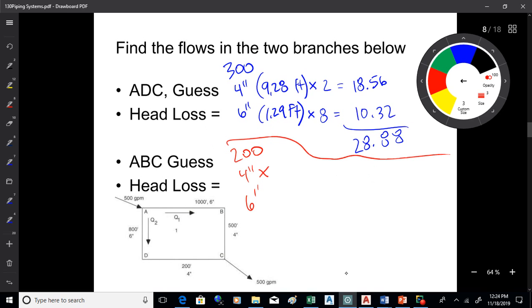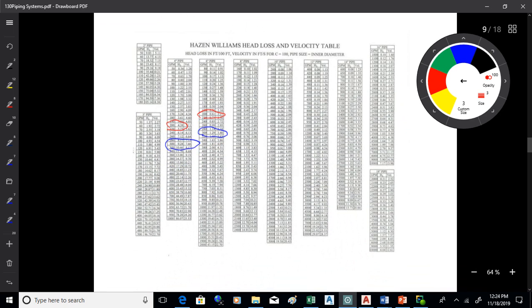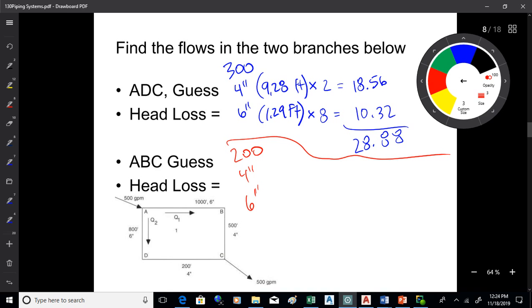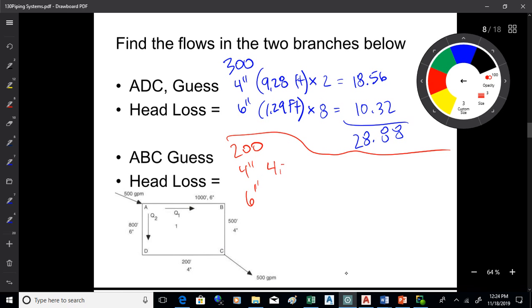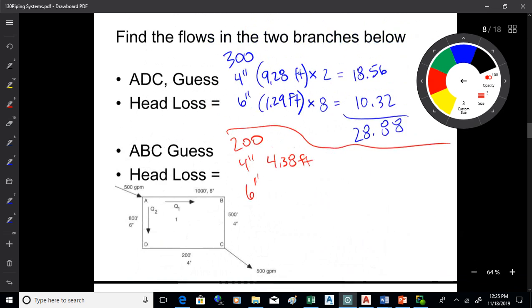So on this side, we've got 4-inch times 5, or 4 feet. I'm sorry, no. One more time here. We've got 4.38 for the 4-inch, and for the 6-inch, we've got 0.61.